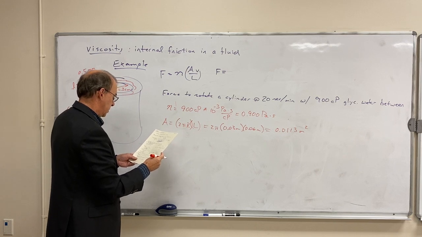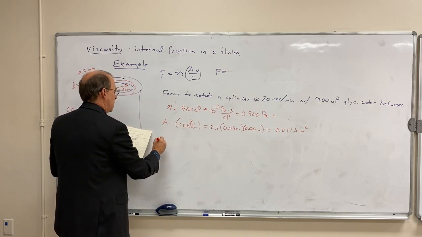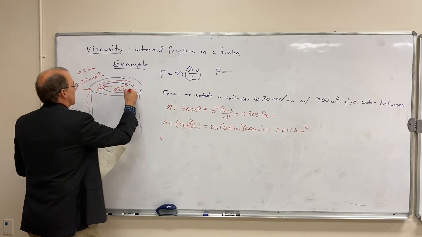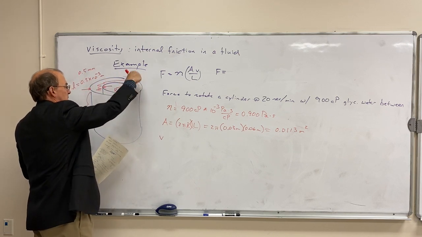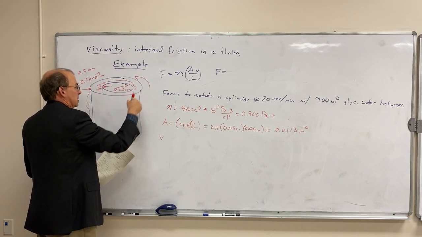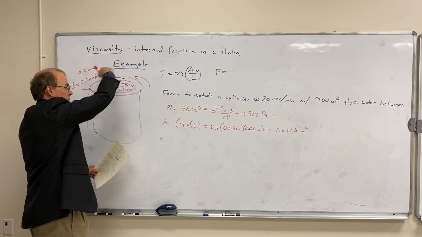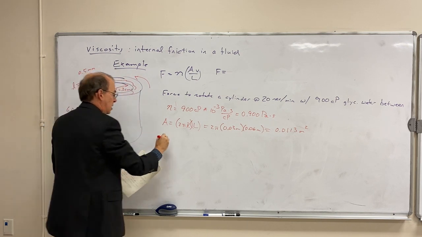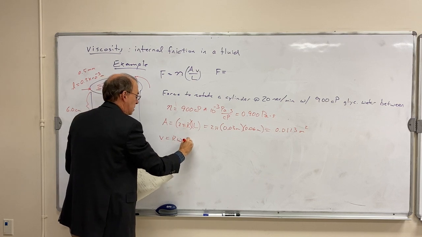And now we need the velocity. Velocity is the velocity out here at the tangent, where this thing is spinning around like this. One cylinder spinning like that. So velocity is r omega.